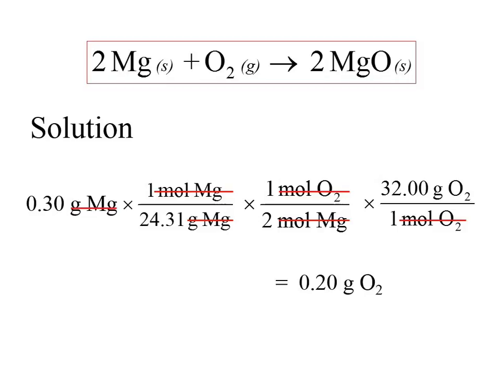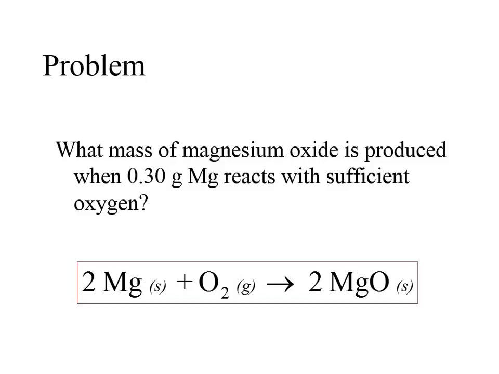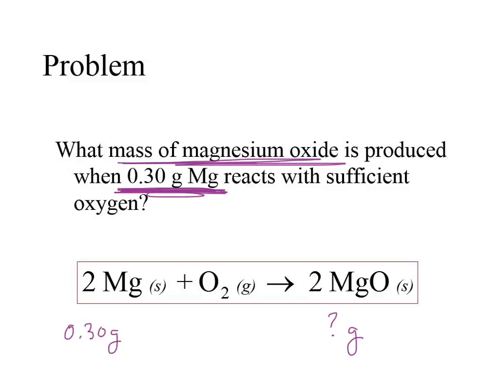So I have a follow-up question to that, and it looks like this. A follow-up question to that same reaction. What mass of magnesium oxide, so I find my magnesium oxide, I put question mark grams, will be produced? That same mass we talked about before for magnesium, I'm going to put 0.30 grams of magnesium here.